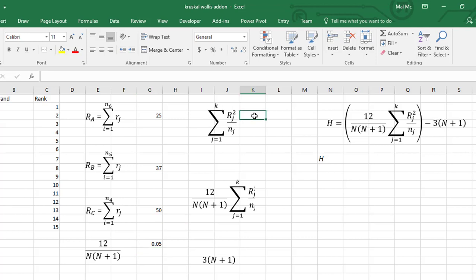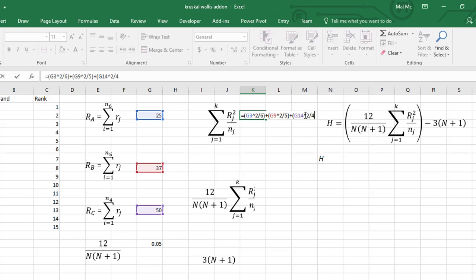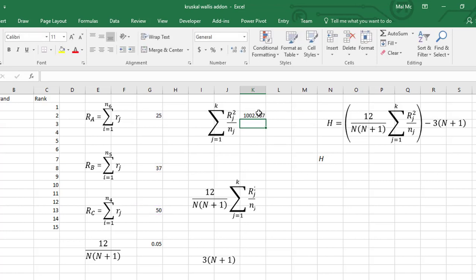So what we're going to have here is just equal 25 squared, and we're going to divide the 25 by 6, and sum 37 squared, divide by 5, plus 50 squared, divide by 4, close bracket and enter. There we have 1002.967.